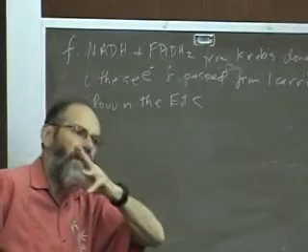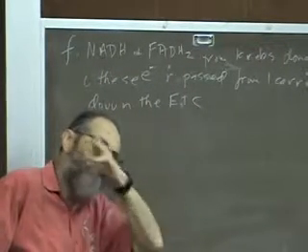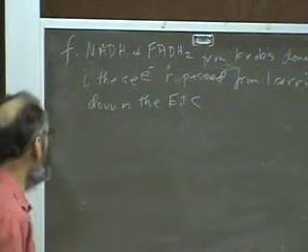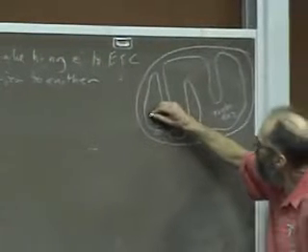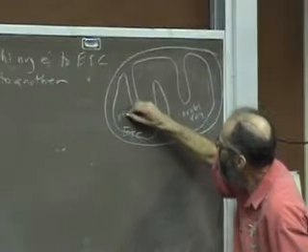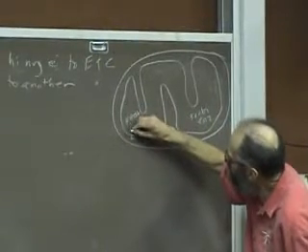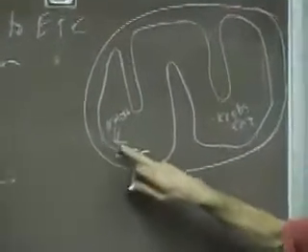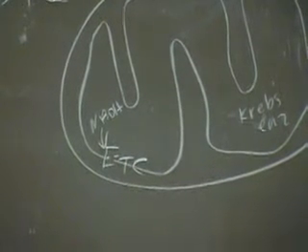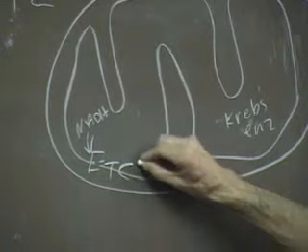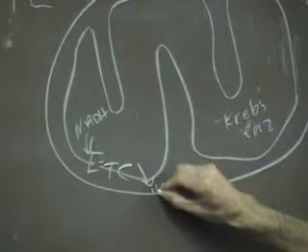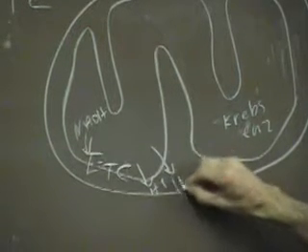And these electrons are sort of like water going down a waterfall, where they're moving to a lower energy position. And as these electrons are flowing, you can picture NADH delivering the electrons to the ETC, the electrons flowing, and as those electrons flow, protons are pumped into the intermembrane space.